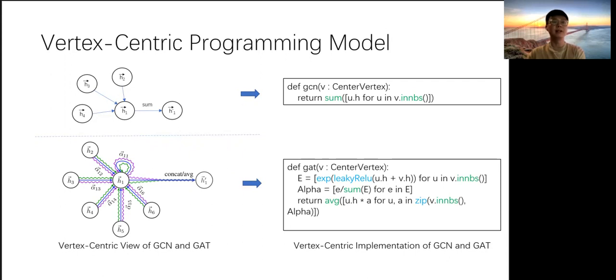Finally, we multiply the feature of neighbor vertex u with the attention score alpha and return their average. It's clear from the figure that the benefit of vertex-centric programming is bidirectional. Users can implement a GNN model easily, and users can learn the GNN models by checking its implementation directly.